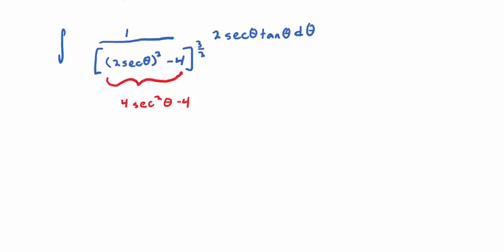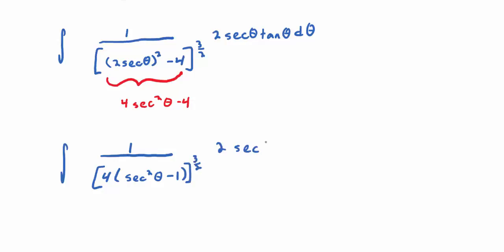And I get 1 over, brackets, 4 times what? Secant squared theta minus 1. And then we still have the 3/2 power here. Everything else, just recopy it.